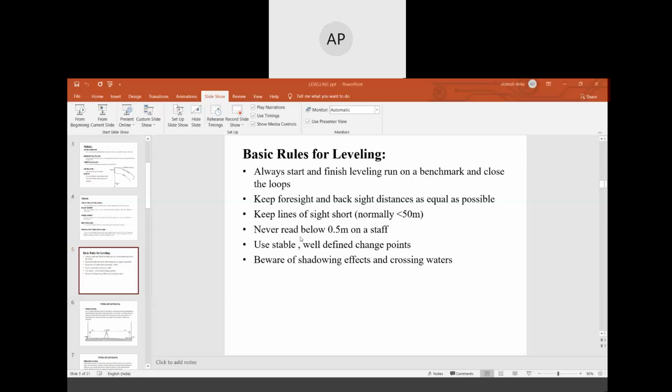You should never read below 0.5 on a staff. You have to use a stable, well-defined change point, and beware of shadowing effects and crossing waters. Be aware of the objects which affect your leveling.